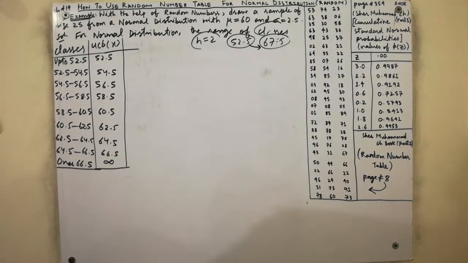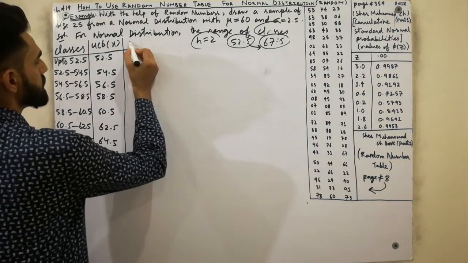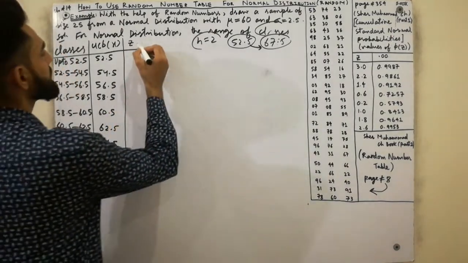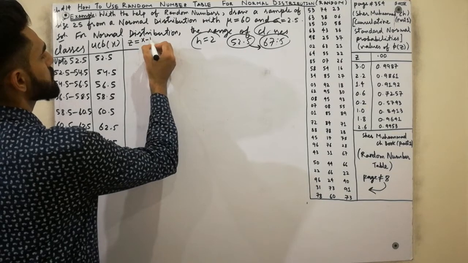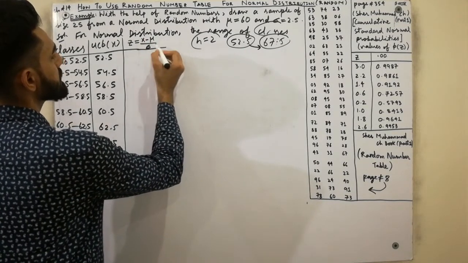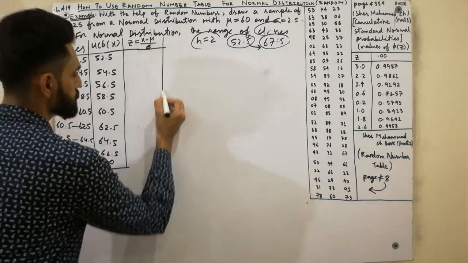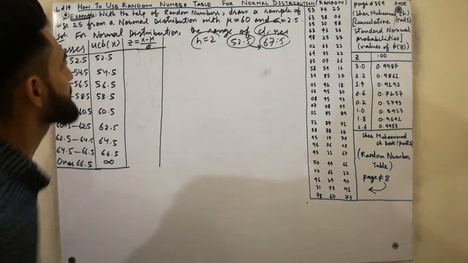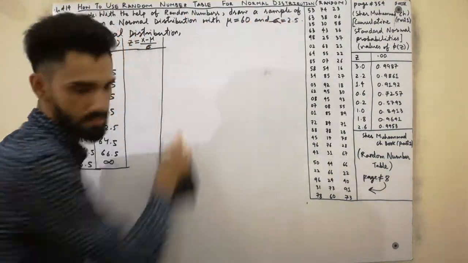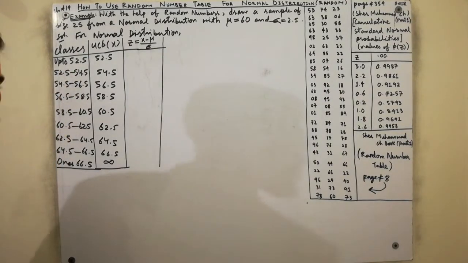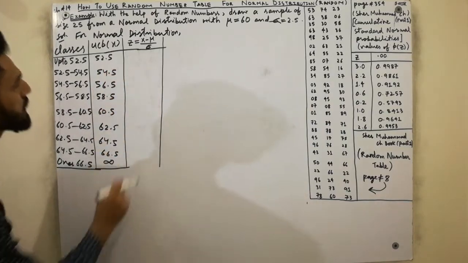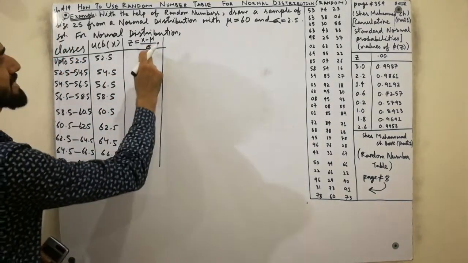Now moving to the next point. I'm calculating z, which is the standard normal variable. Z is equal to x minus mu divided by sigma. The x value is given, mu is 60, and sigma is 2.5.